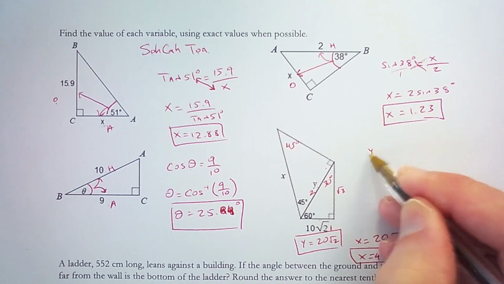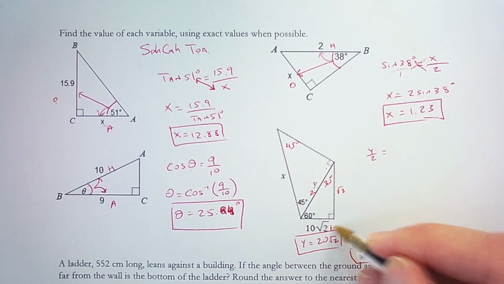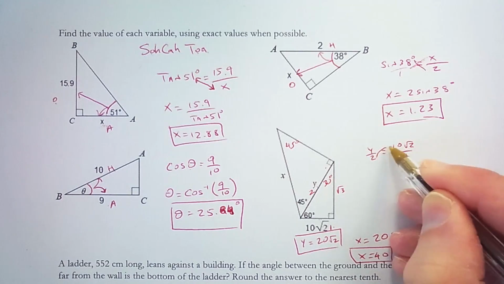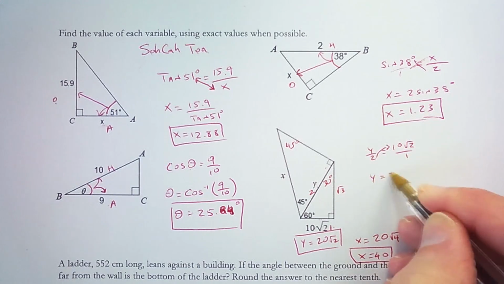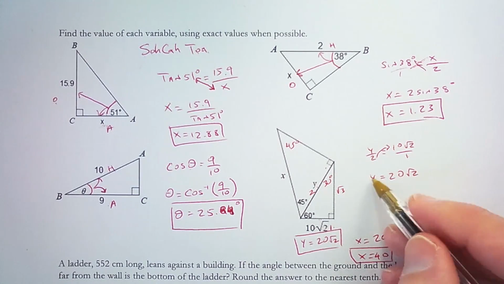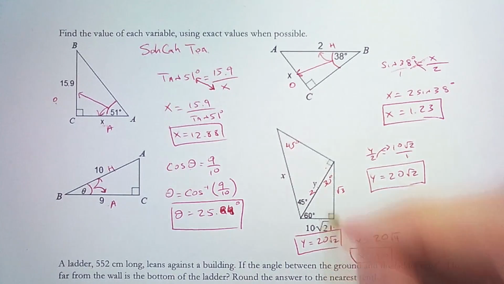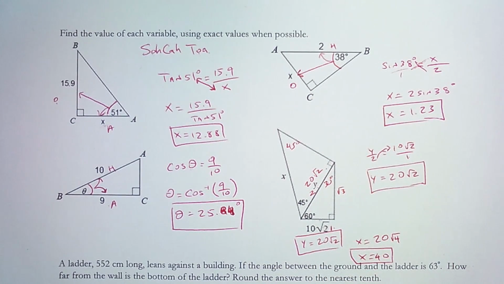Y is to 2, as 10 times the square root of 2 is to 1. And all I have to do is multiply that 2 across, and I get y equals 20 times the square root of 2 over 1, but I don't need to write over 1. Okay, so I can write here, this is 20 times the square root of 2.